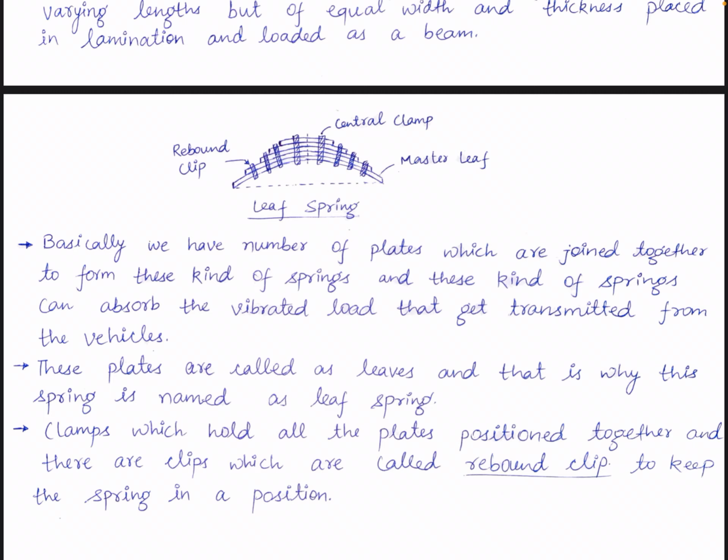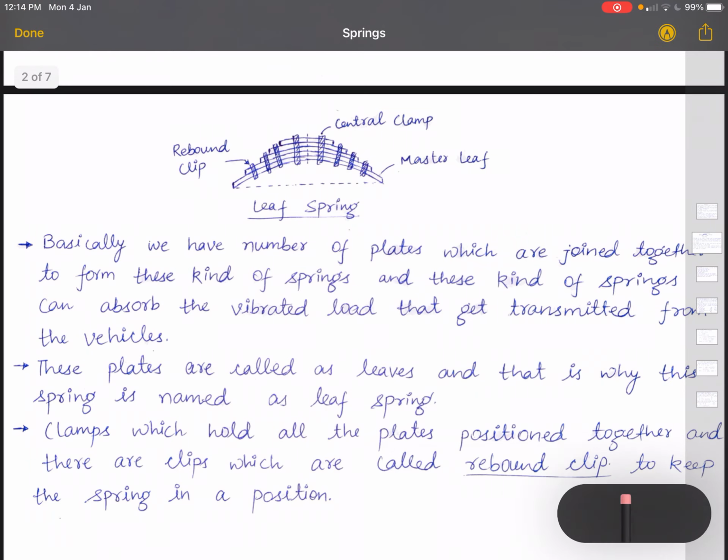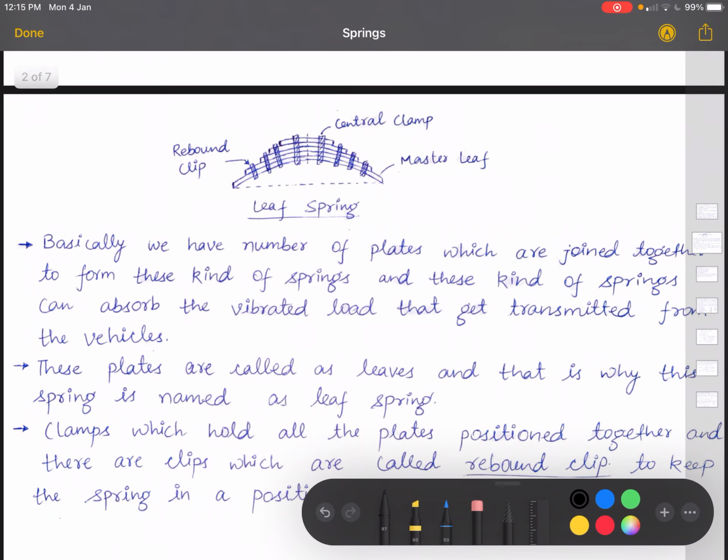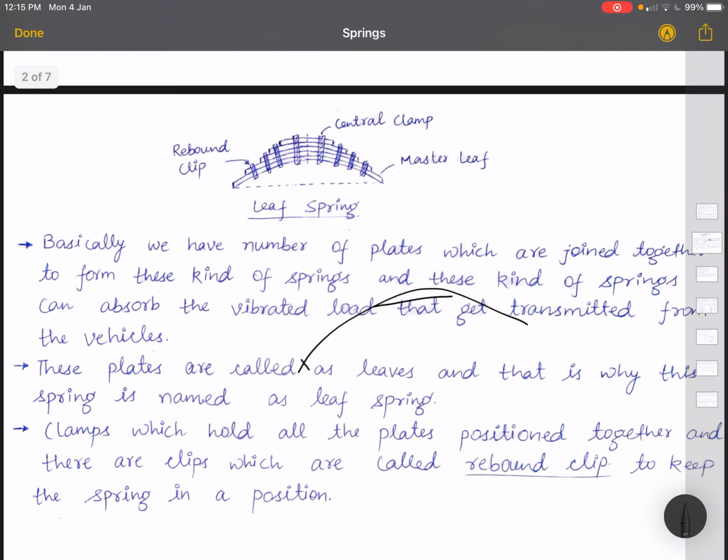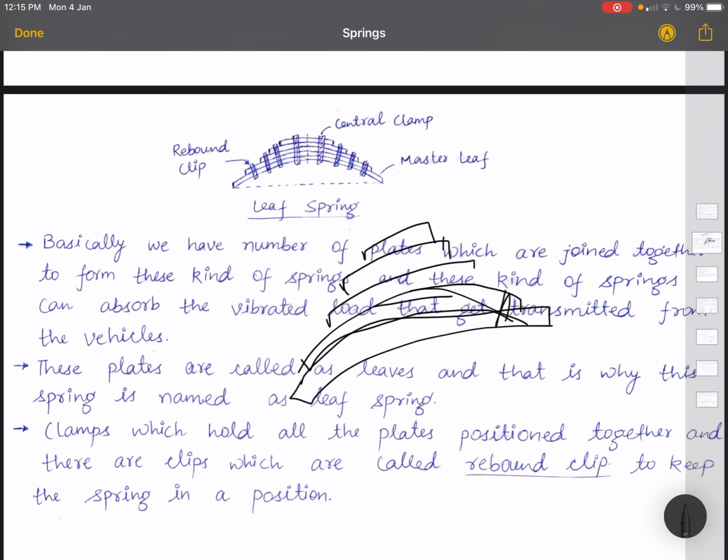There are clamps. We take this type of plates, place different plates here and clamp them. So it is not a spring, it is made up of plates and it acts like a spring.